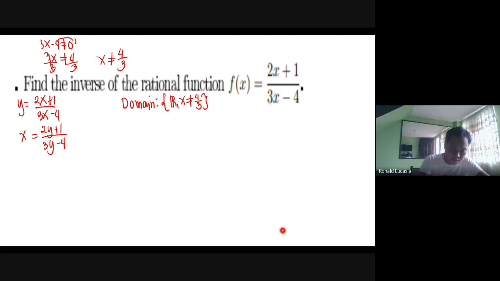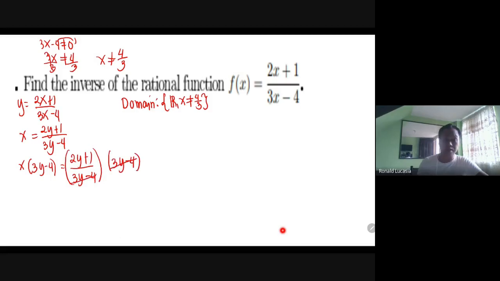So we multiply by the LCD, which is 3y minus 4. This is x equals 2y plus 1 over 3y minus 4. Multiply it by the LCD, 3y minus 4, so you can eliminate this. You will be left with x times 3y minus 4 equals 2y plus 1.